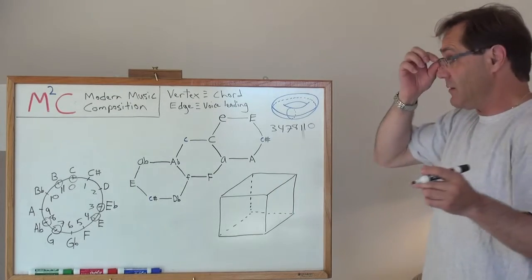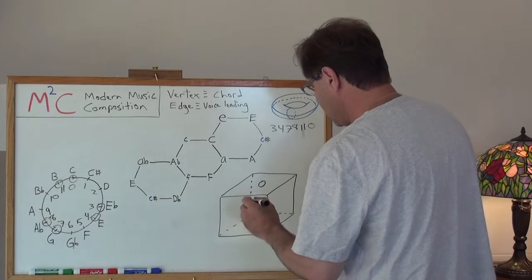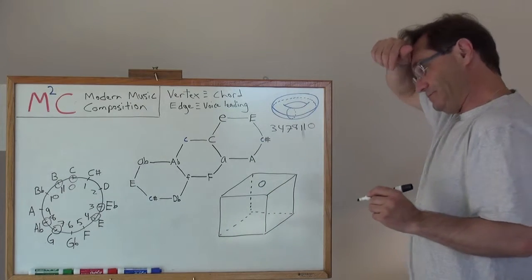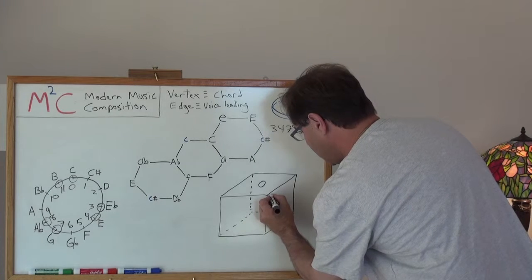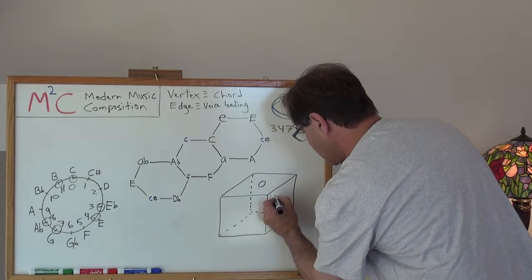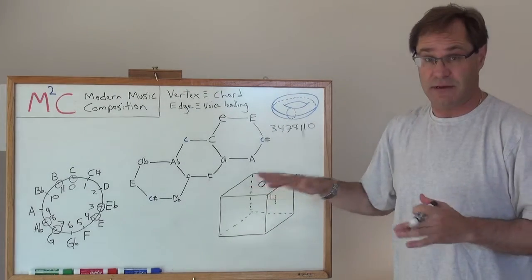Now I want to label the faces of the cube with these numbers, kind of like a dice. Okay? I'm going to label the top as 0. I'm going to label the back 4, and I'll put it in a dashed 4 so that you know that's the back side. Because it can get a little confusing here, it's a little tight.